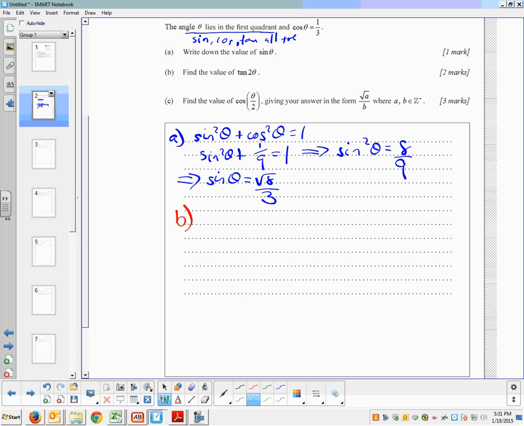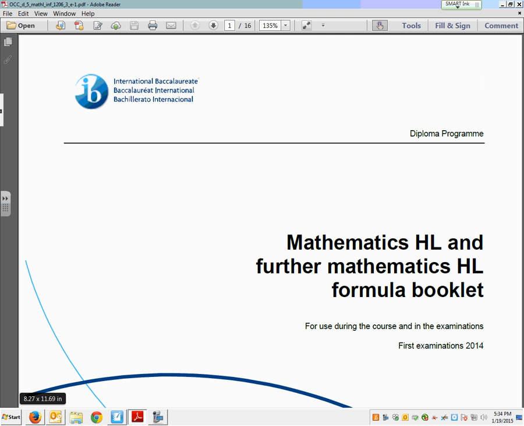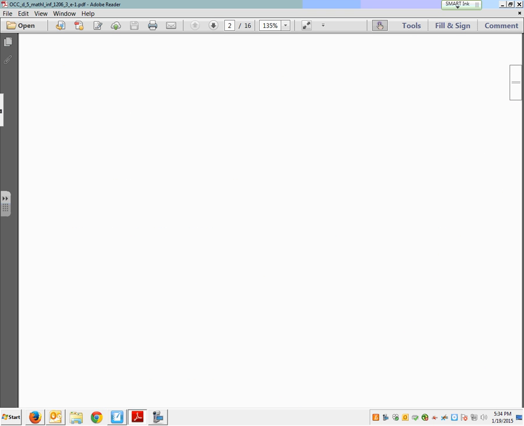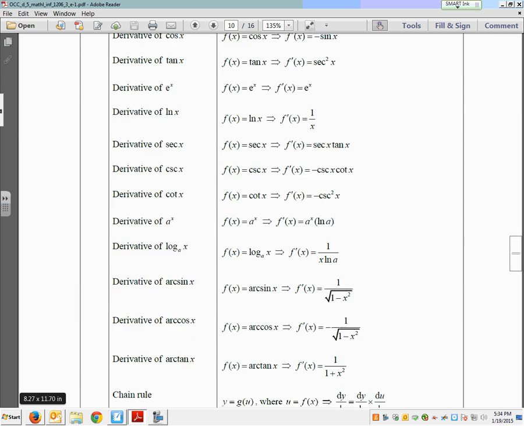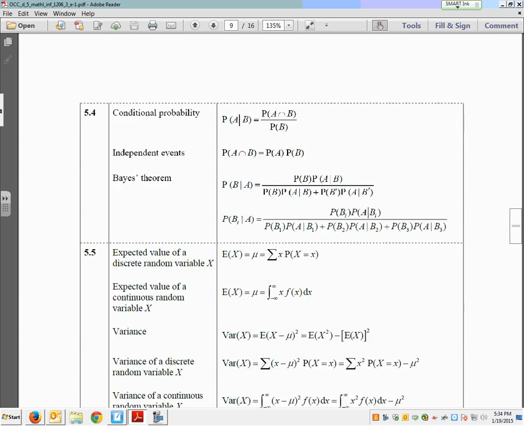Part B. Find the value of tan 2 theta. First thing I'm going to do is look up tan 2 theta in the formula booklet. So, topic 6, calculus.